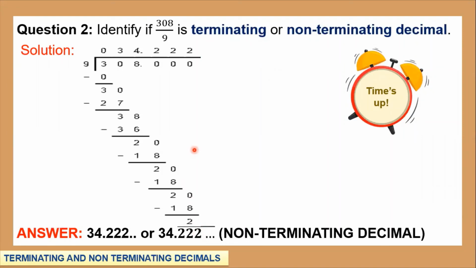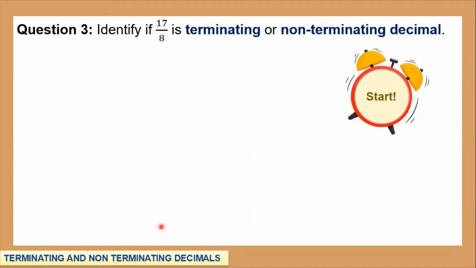Notice that in our solution, the remainder 2 keeps on appearing. If we continue with the computation, we will not come to an end, so we can write it this way instead.